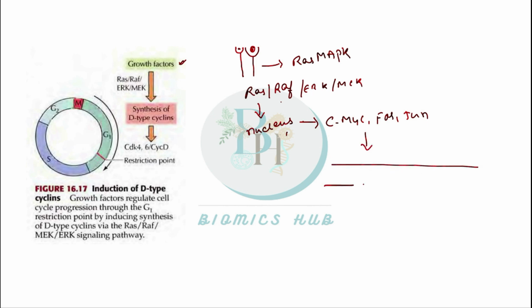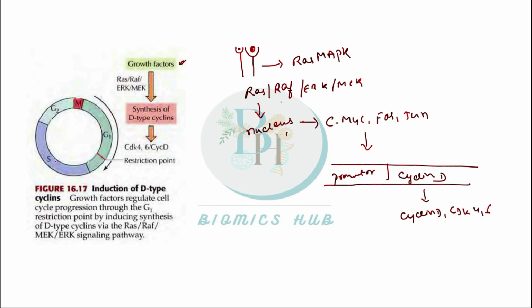The gene here is cyclin D. They bind in the promoter of cyclin D and help in the synthesis of cyclin D as well as CDK4 and CDK6.